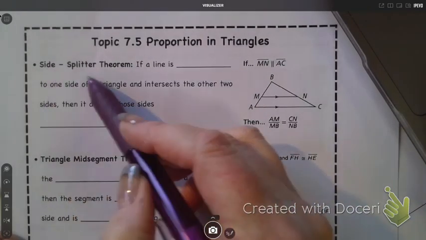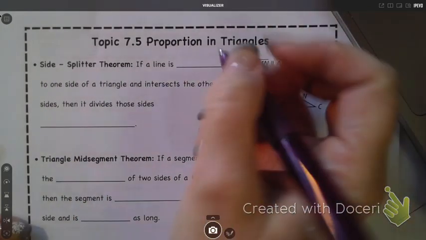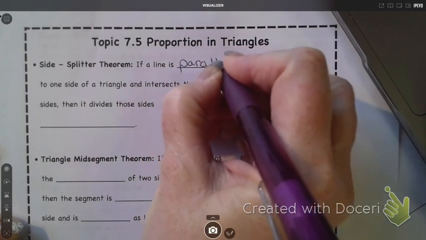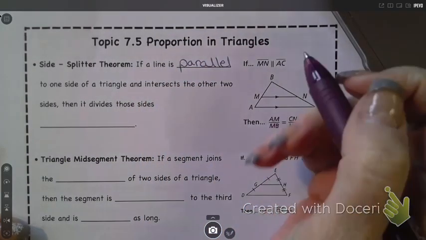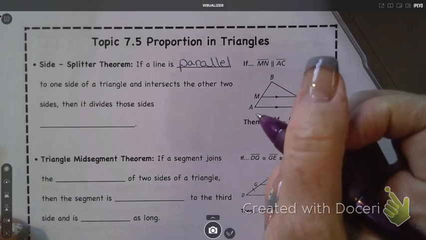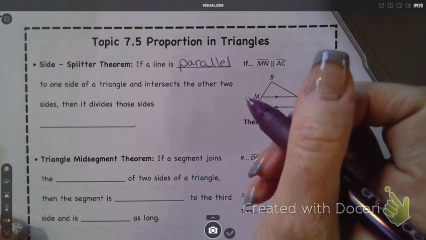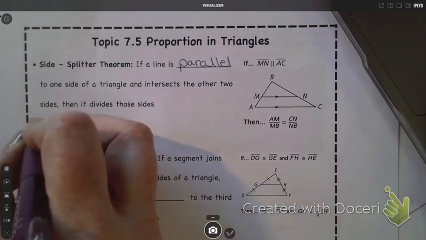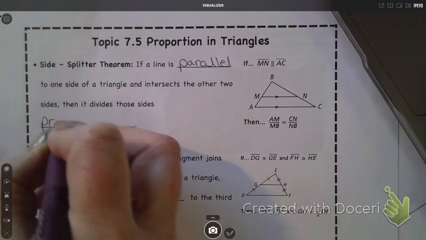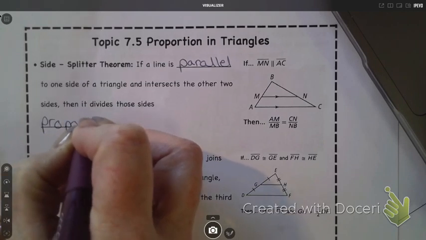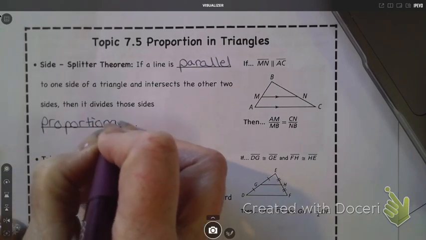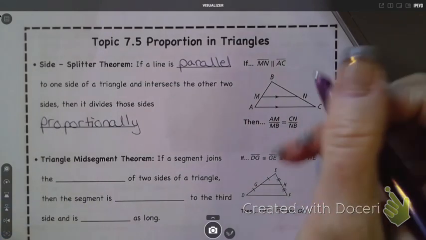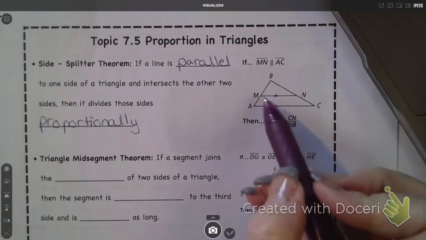So the side splitter theorem: if a line is parallel to one side of a triangle and intersects the other two sides, then it divides those two sides proportionally. I'll go over what all this means.